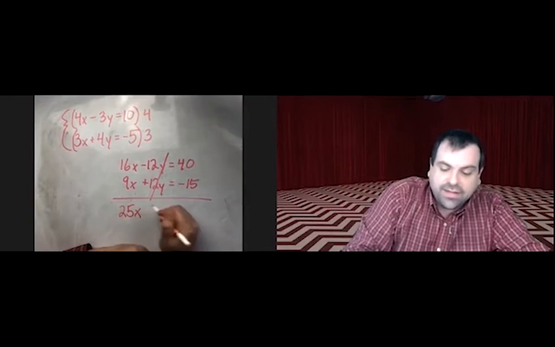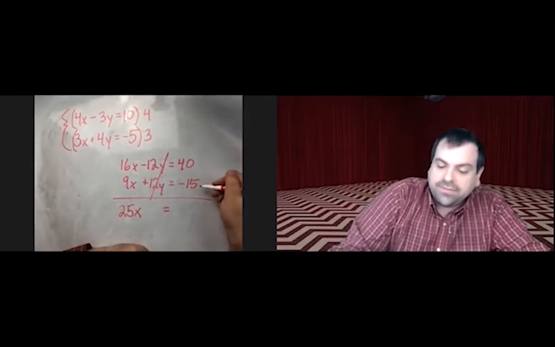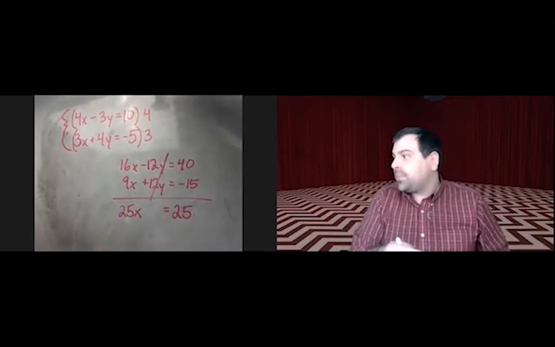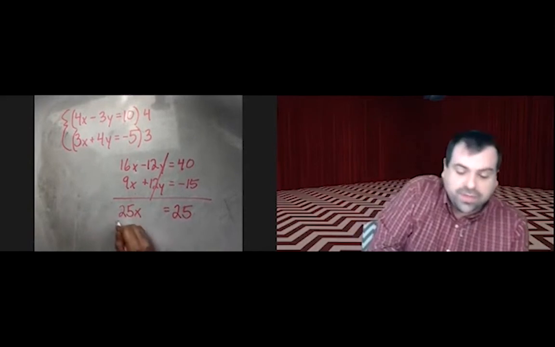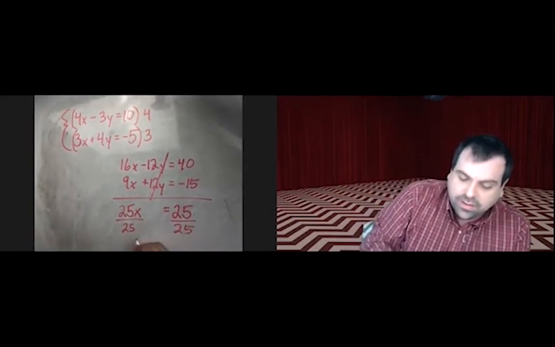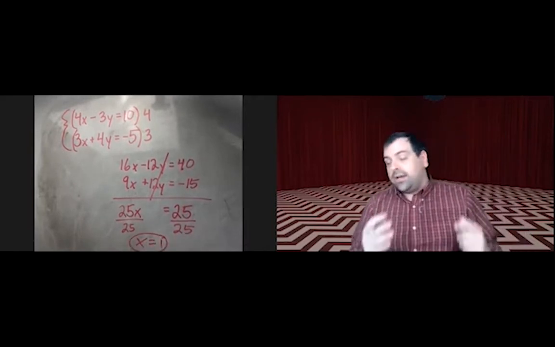So 25x equals 40 minus 15. That's positive 25. We have 25x equals 25. Divide both sides by 25. We get x equals 1, but we're not done.